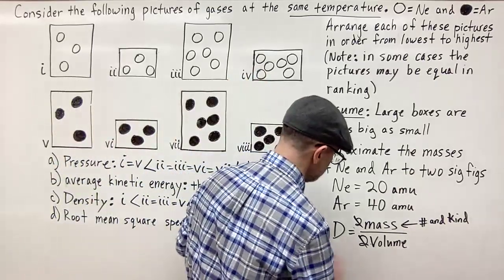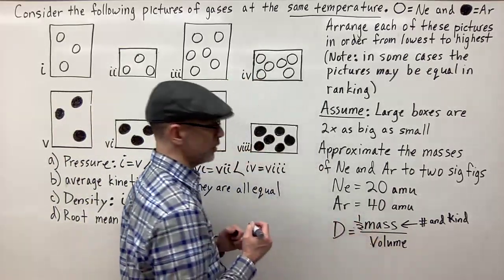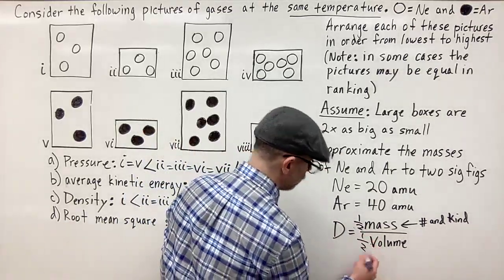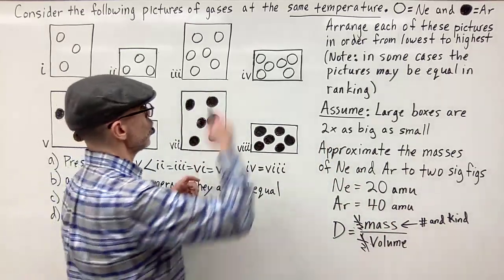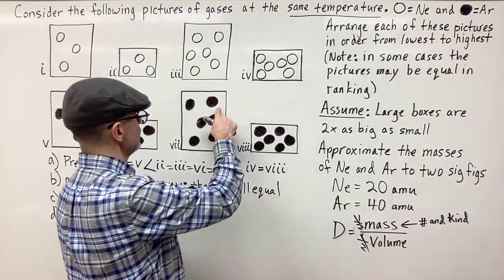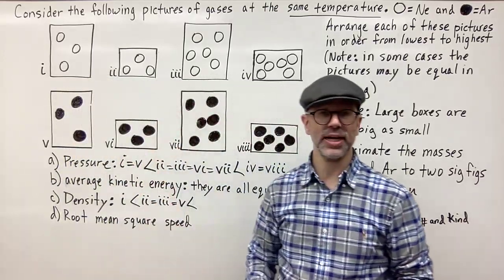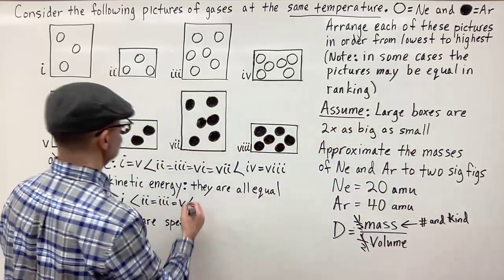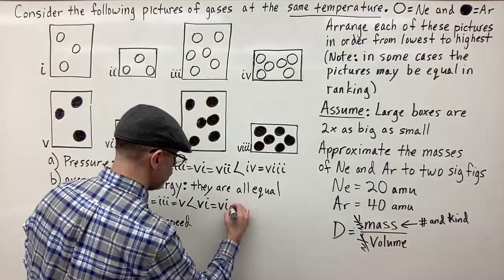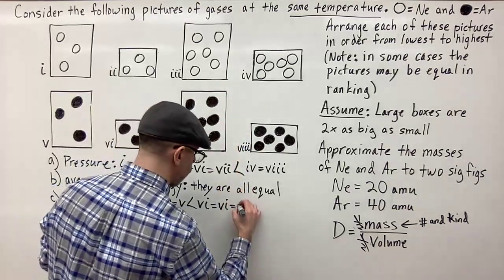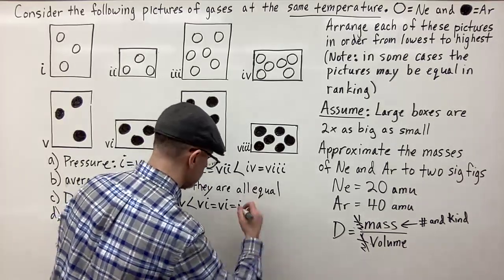So I'm cutting the mass in half and I'm cutting the volume in half. So the halves cancel out. So I get the same ratio, same density. So number 4 has the same density as number 7, which also has the same density as number 6. So those are all equal. So number 6 is equal to number 7, which is also equal to number 4.